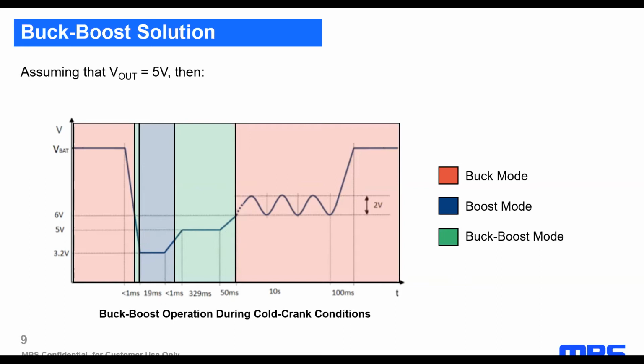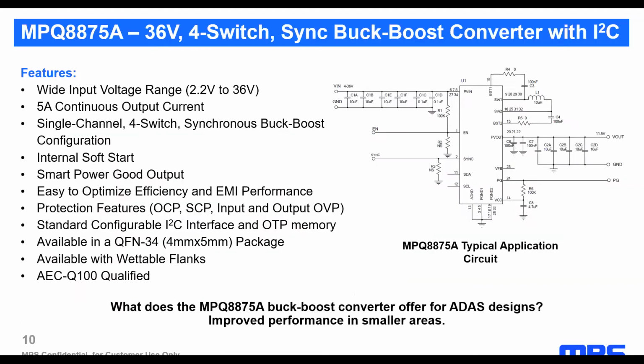At this stage, apart from this kind of topology to be used in ADAS designs, it's also important to select the best IC to cover all the requirements. It has been said that the power demand with high output voltages is a must. Then the proposal in this webinar is to use the MPQ8875A. This 4-switch synchronous buck-boost converter, thought to be used in sensor fusion systems or camera monitor systems, is able to work in a wide input voltage range from 2.2 volts to 36 volts, supplying up to 5 amps of continuous output current.